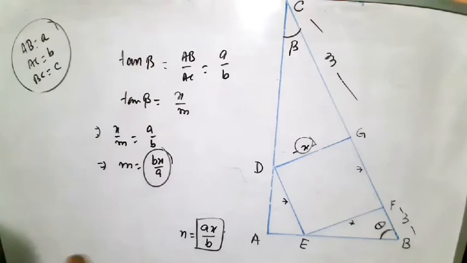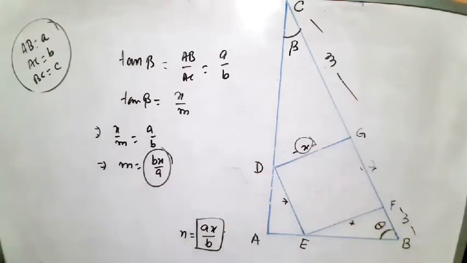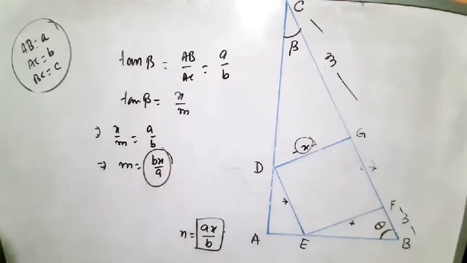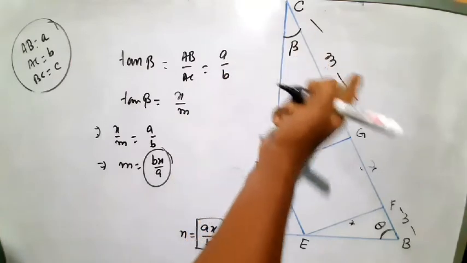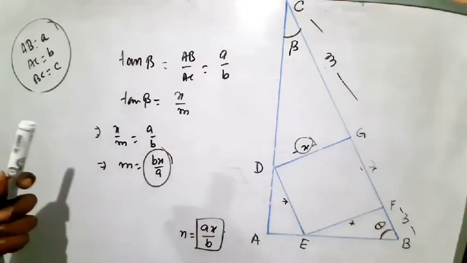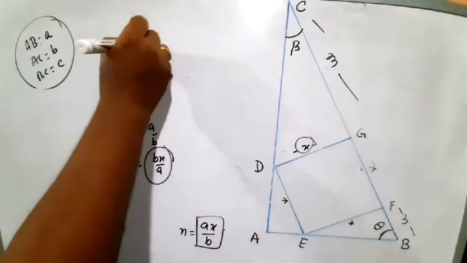This is very interesting. n equals ax by b, and m equals bx by a. Now the main points: m, this is x and this is n. So m plus x plus n equals BC.